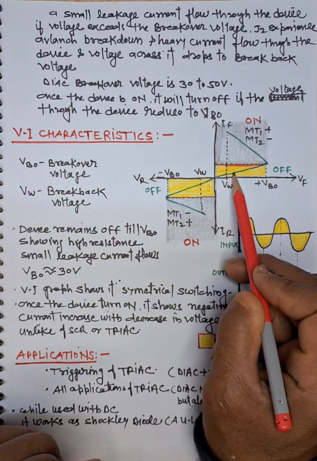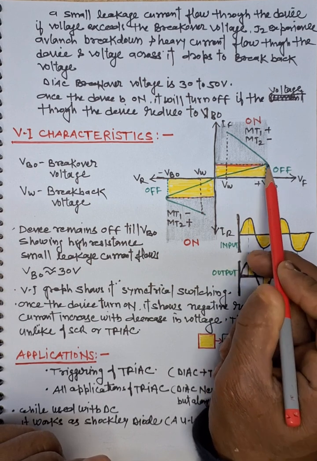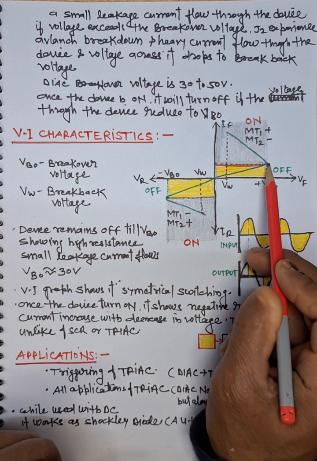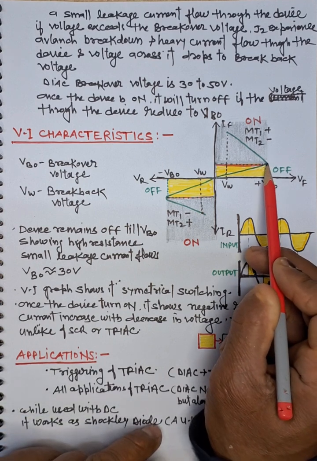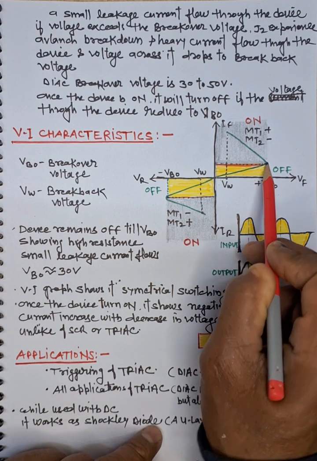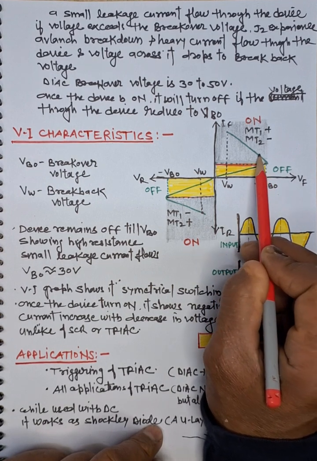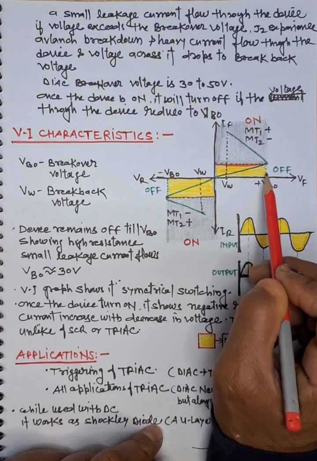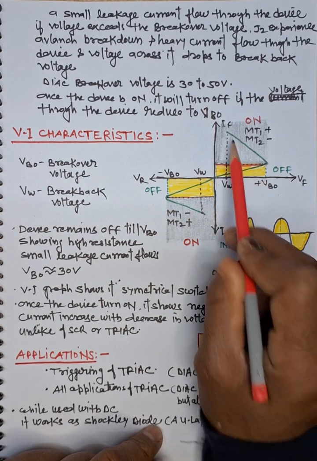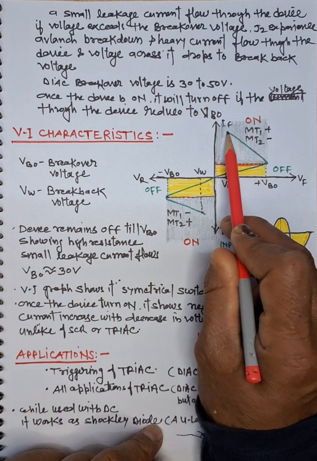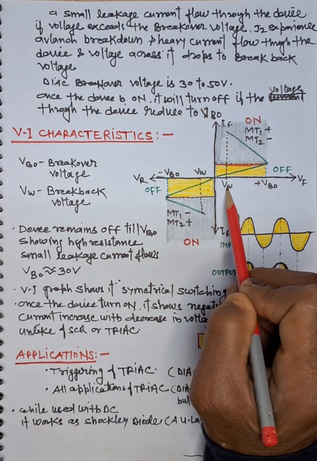At the breakover voltage, the device gets turned on. As soon as it is turned on, that junction breaks down, the current increases very heavily through the DIAC, and the voltage across it decreases up to the breakback voltage.